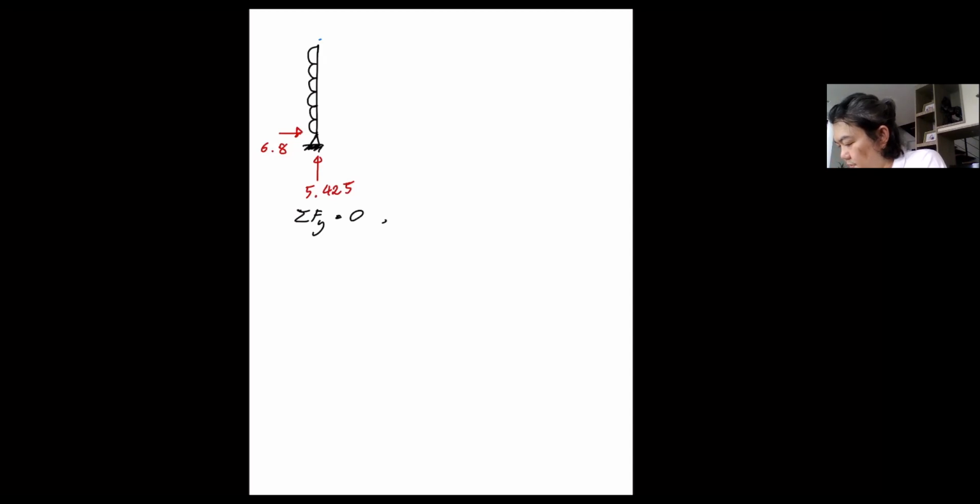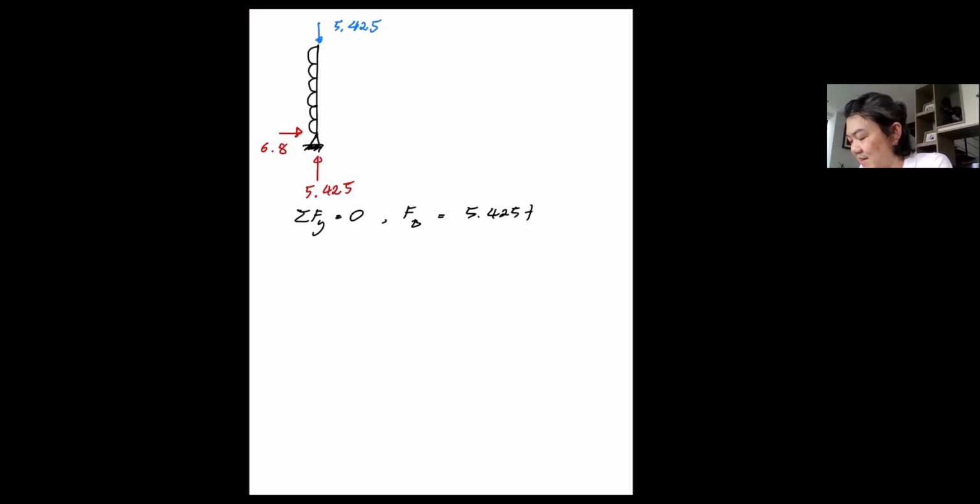Say FB is 4.5 tons, right? So now we know that this has to be 5.425. Anyhow, I don't know how to name it because it comes really naturally. You guys should know that.